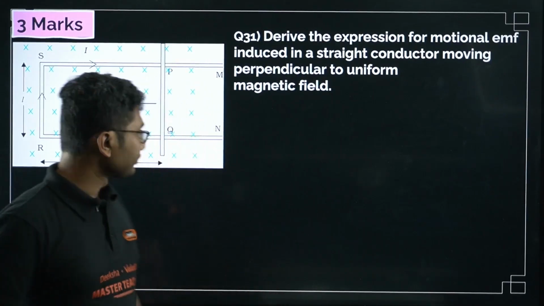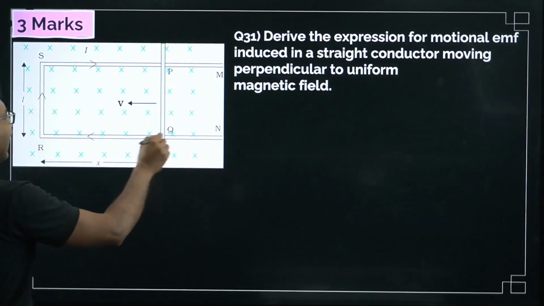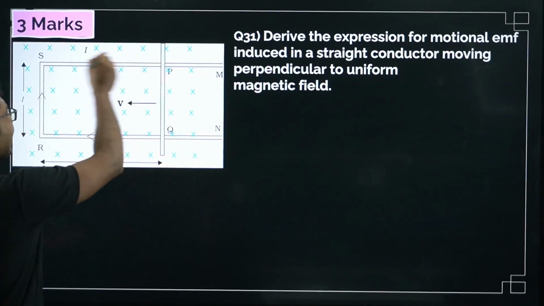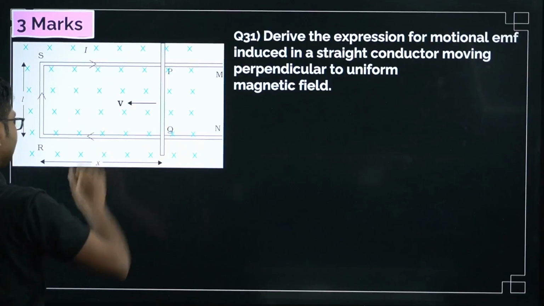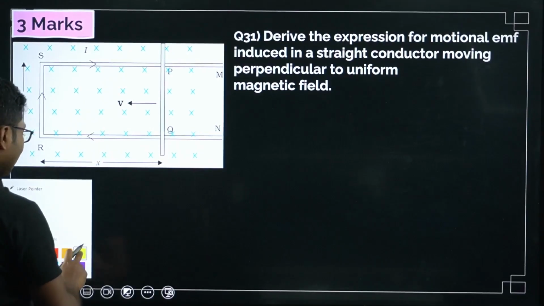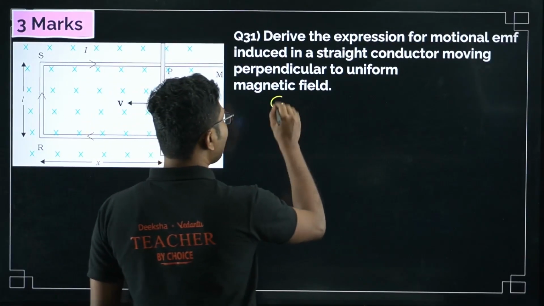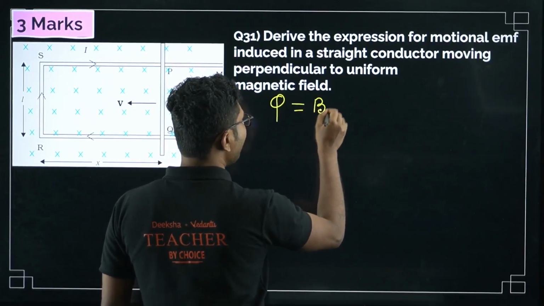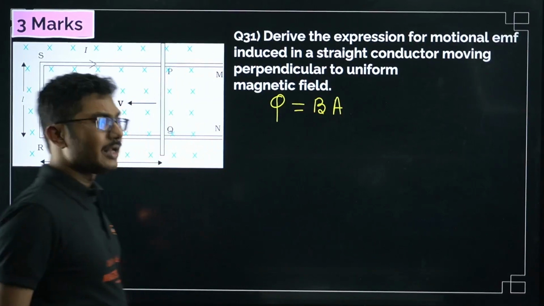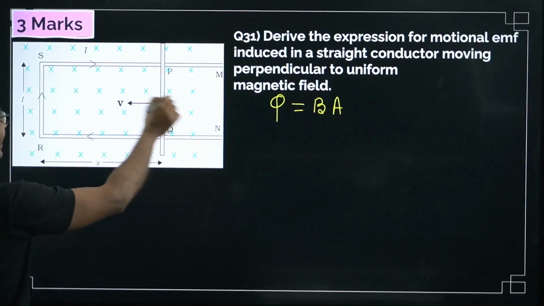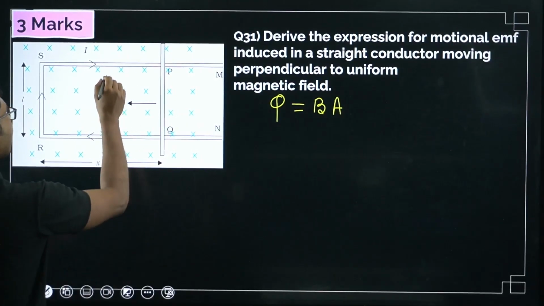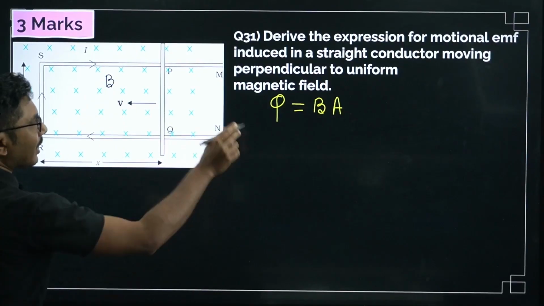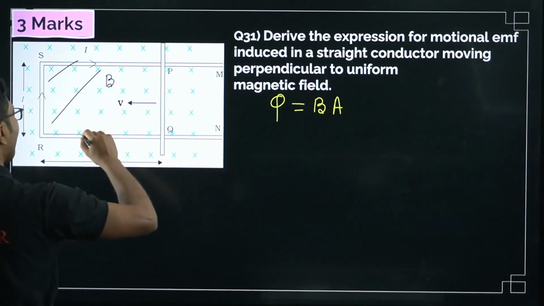First of all, what is the flux linked with this rectangular structure at this instant? Flux is basically B into area A, right? The magnetic field B is given, but what is the area? Area is this area.